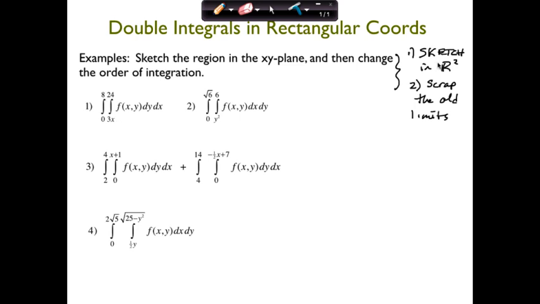Do it by the sketch, right? So you make the sketch based on the limits of integration, and then based on the sketch, you rewrite it in the other order. So rewrite limits based on sketch, not the old limits.